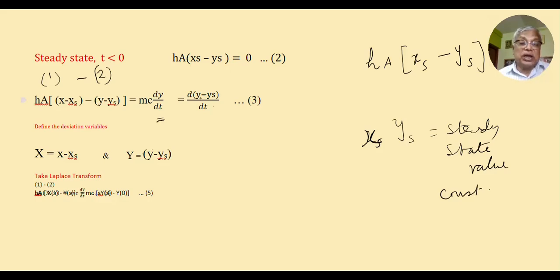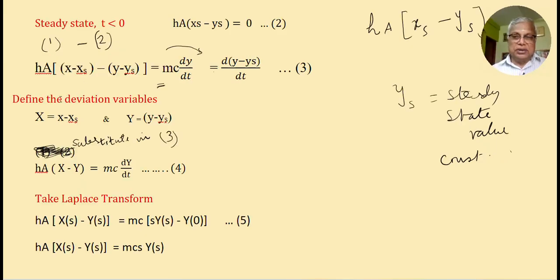So d of y I had modified as d of (y minus ys). Now let us introduce the deviation variables, which are defined as capital X and capital Y. So capital X is the deviation variable in input, x minus xs, and capital Y is y minus ys.